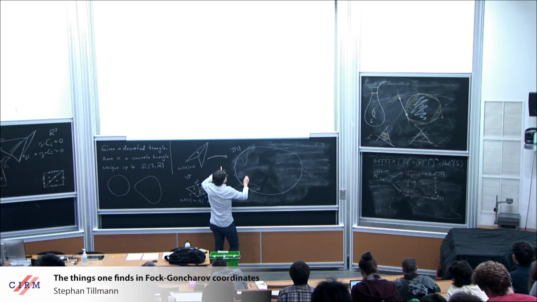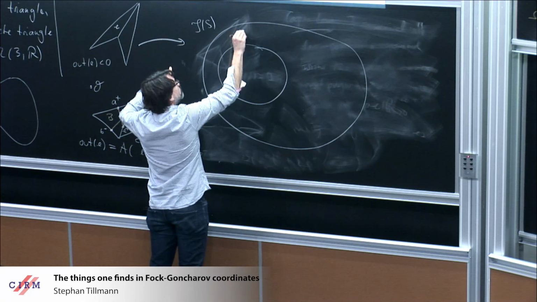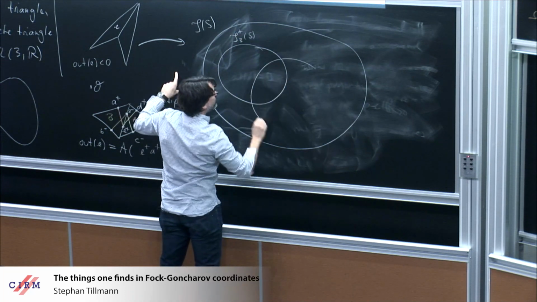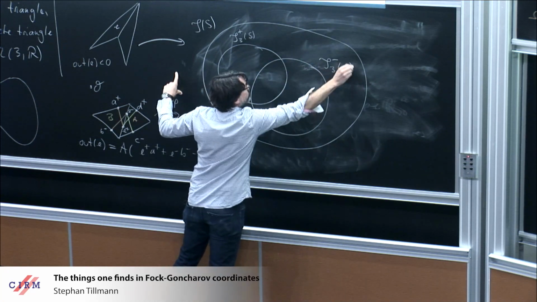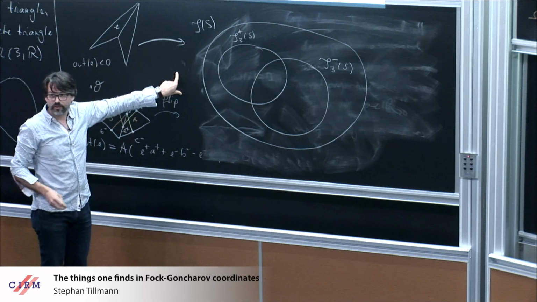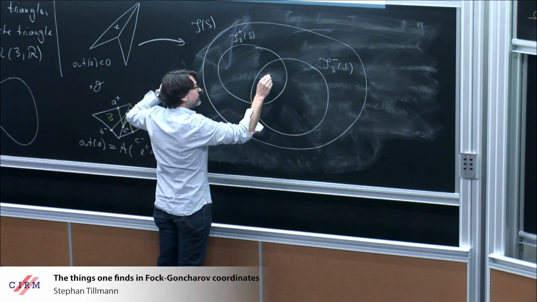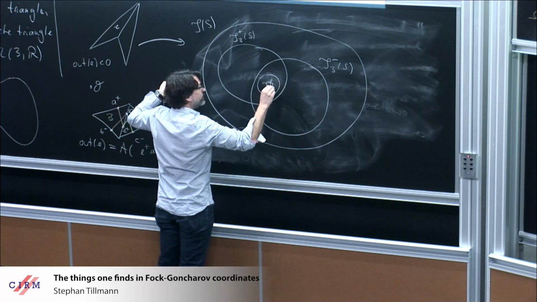Then inside this, I have the space T plus 3 of S, and I have the space T minus 3 of S, and they have some kind of intersection. And then inside here are the finite volume structures.